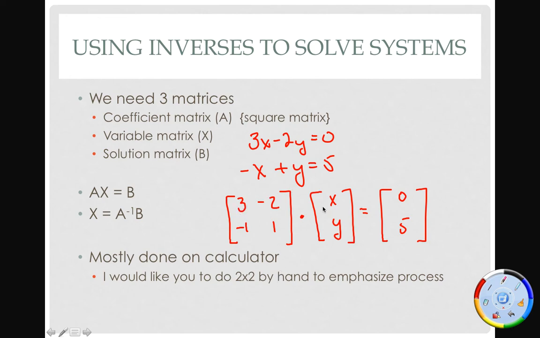Because 3x minus 2y has to equal this 0. Using our matrix multiplication, it tells me 3 times x plus negative 2 times y equals this entry up here with the 0. So that's saying this first equation.